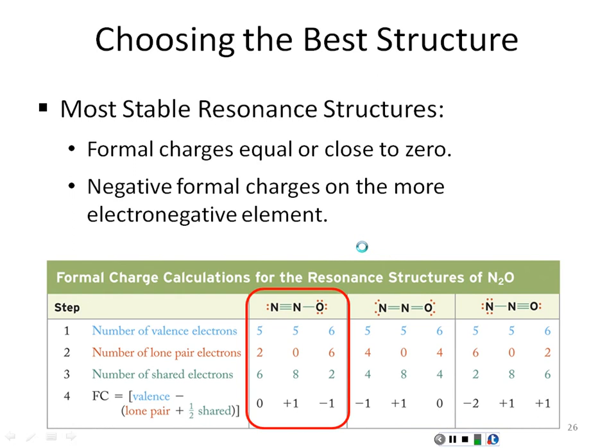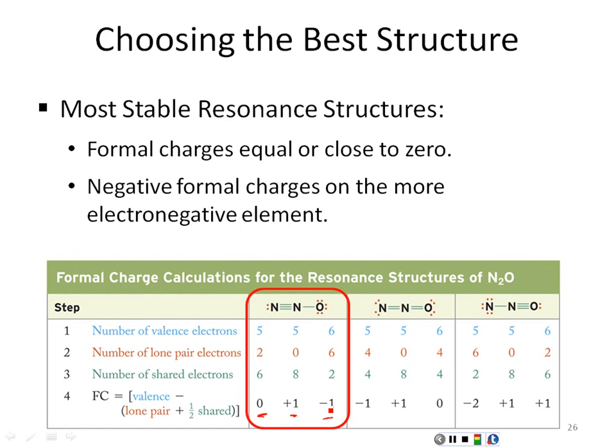So if we think back to the table, trying to select the best resonance structure, the best structure would be the first one. And why is that? Well, when we calculate the formal charge for the elements in this structure, nitrogen has 0. The center nitrogen would have a +1 formal charge, and the oxygen would have a -1 formal charge.